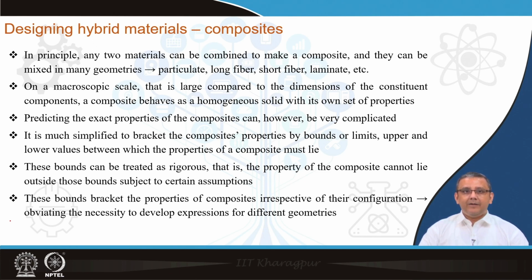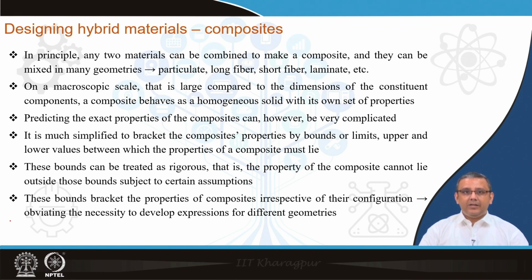Now, in terms of predicting composite material properties, there are different ways. It can be either the prediction of the exact properties or approximate properties. Prediction of the exact properties of composite materials can be extremely challenging. This is mainly because, as I already mentioned, composite materials are inherently heterogeneous materials, and as a result it is extremely difficult to homogenize the particle distribution over the complete length scale of the sample.